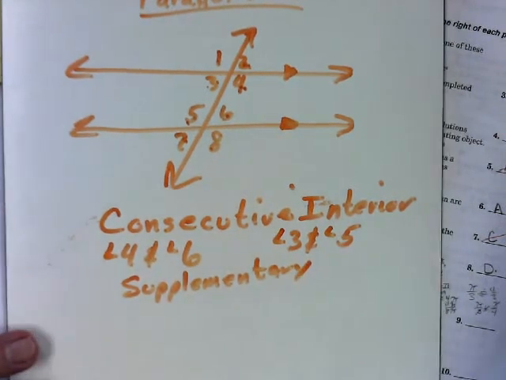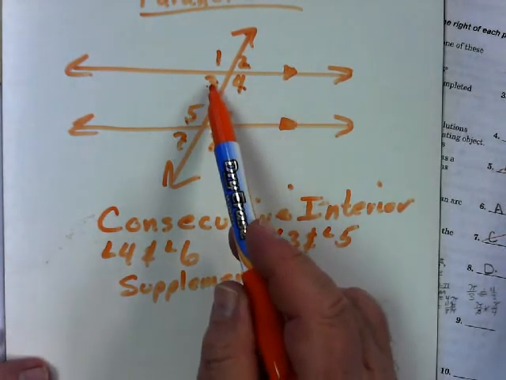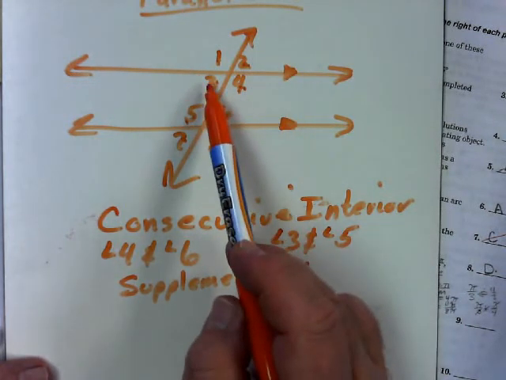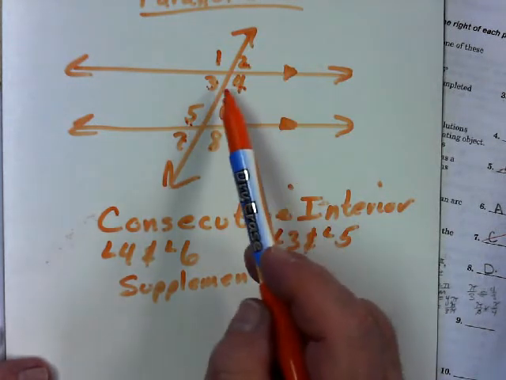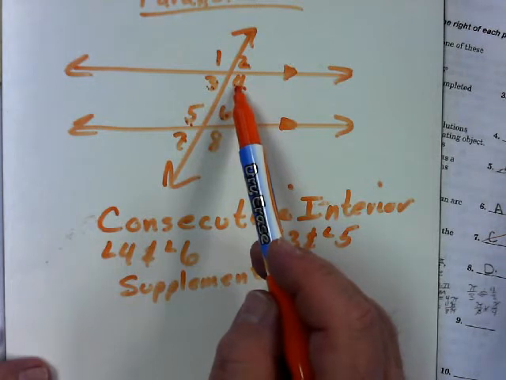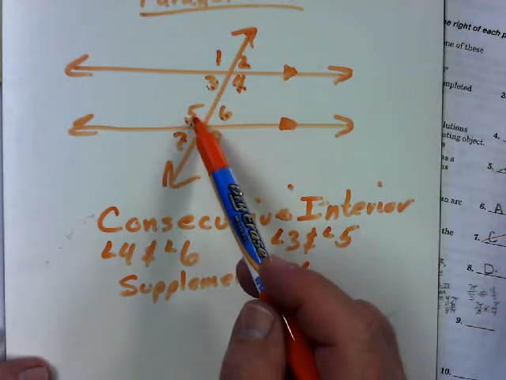How in the world can they be supplementary? Well, let's look at this. We said that angle 3 and 6 were congruent because they were alternate interior, correct? Wouldn't 4 and 5 be congruent? Okay, 3 and 4 are supplementary because they're a linear pair, aren't they? Well, wasn't 4 equal to 5?